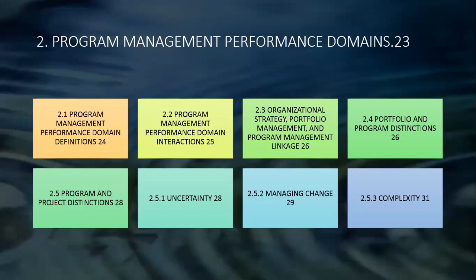But by contrast, a program may not have all of its scope, budget, or schedule determined upfront. For that reason, we see programs having a higher level or possibility of uncertainty in that you could have programs canceling projects. You could have programs starting new projects or sub-programs.